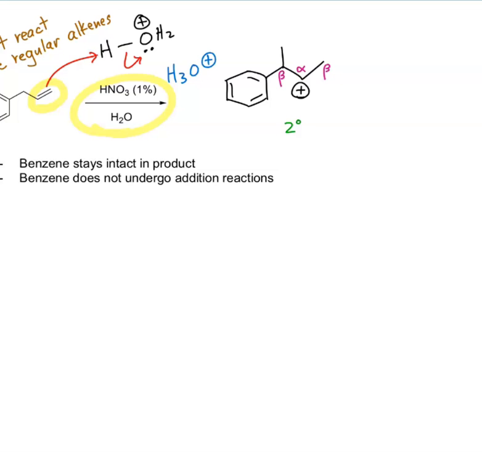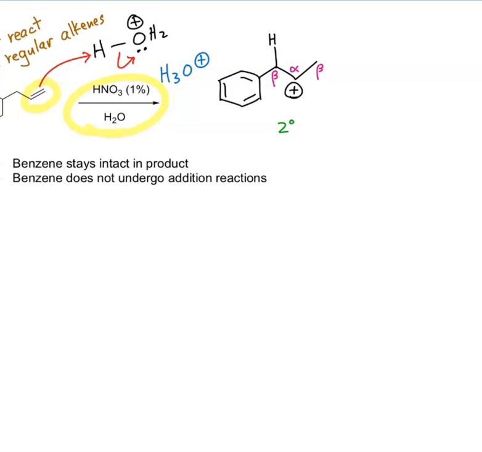In fact, it's less stable. So let's look at the beta carbon on the left. If a hydrogen from that carbon moved over, relabel stuff so I have room to write, what would we end up with?